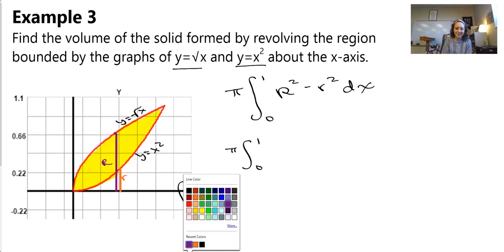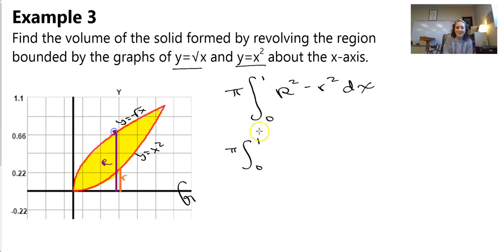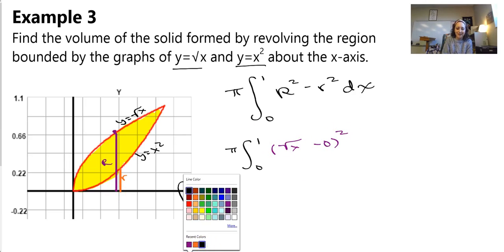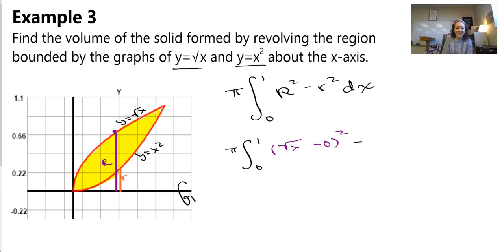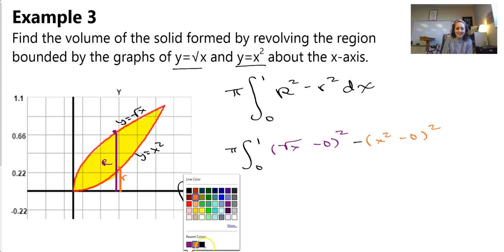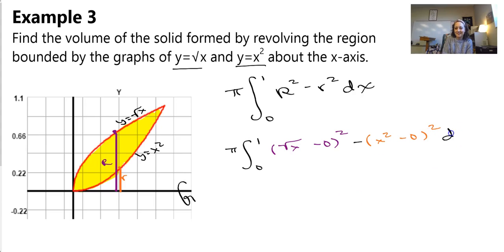All right, so for capital R, we're going to go top, which is square root of x, minus bottom, which is 0, and we're going to square that. And then minus, now we're going to do the same thing for little r. So the top is x squared, minus the bottom, which is 0, and we're going to square that. And then dx, right? And we can type this all in the calculator.